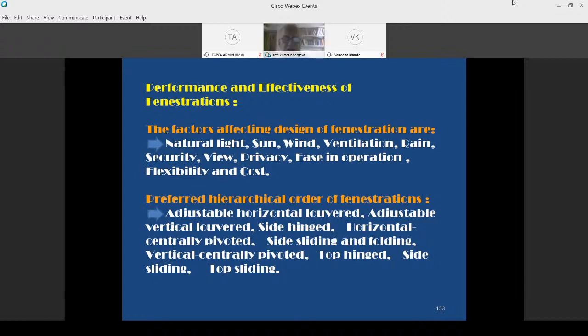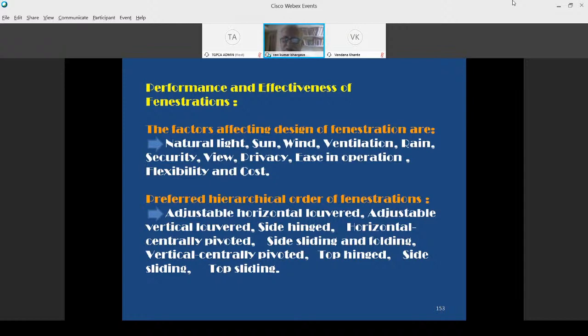Now, we have already listed different types of windows. So take one type of window and try to find its effectiveness for different parameters, for example, light. You study how much light this type of window will admit, or whether there will be a lot of reduction in the level of light.